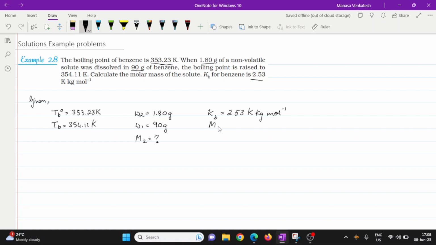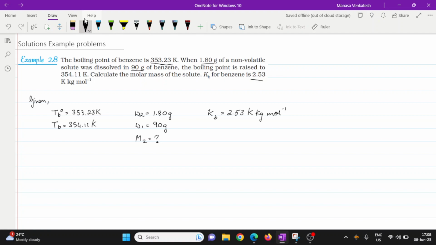And we know the value of the molar mass of benzene, M1, actually wait, this is for temperature, right? Never mind. You actually do not need the molar mass of your solvent.